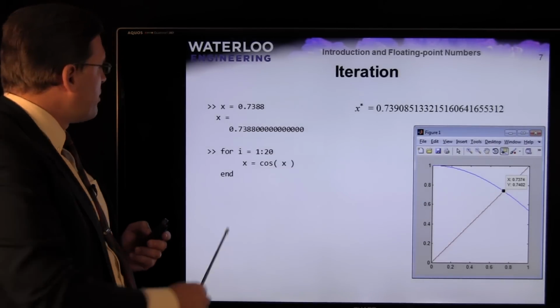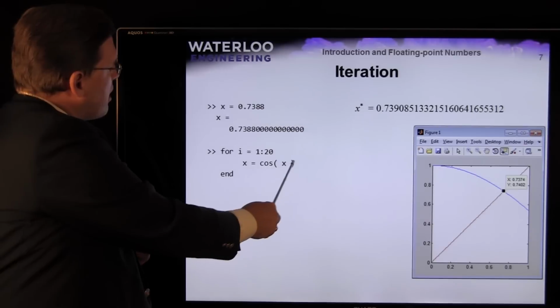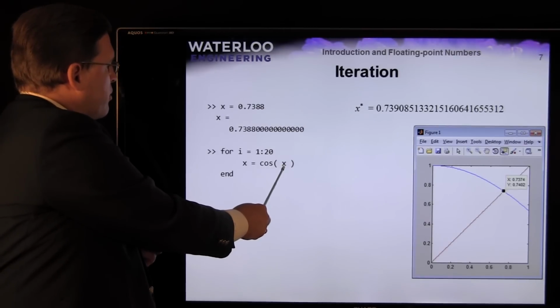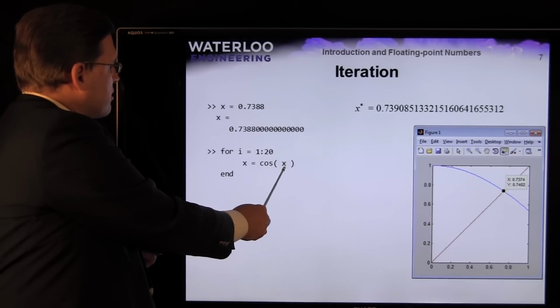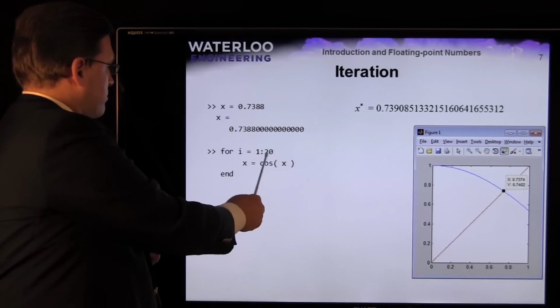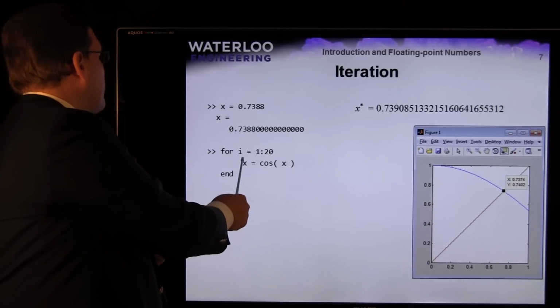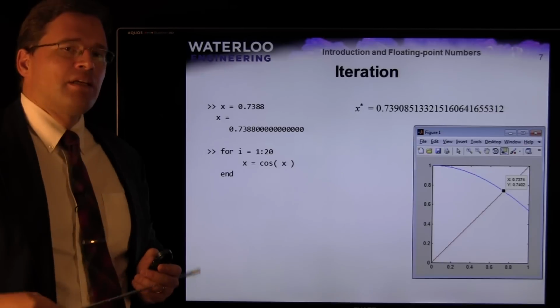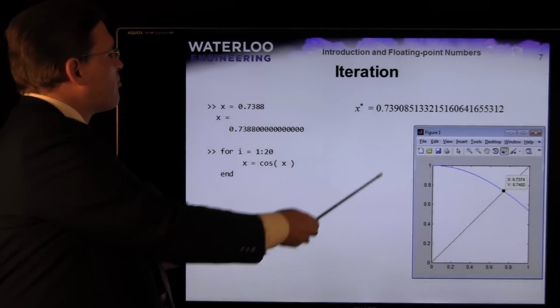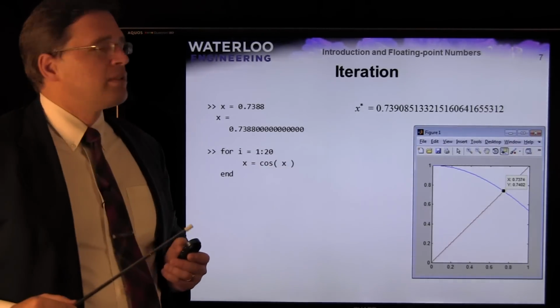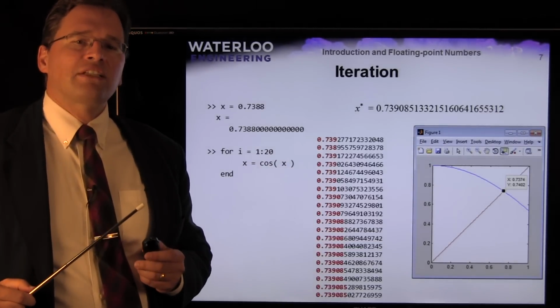The next step is we take the initial guess, assign it to a variable x, and now we will iterate 20 times. I will evaluate the current value of the variable x, evaluate cosine at that value, and assign it back to x, and then continue iterating, and hopefully it will converge to the solution x star.